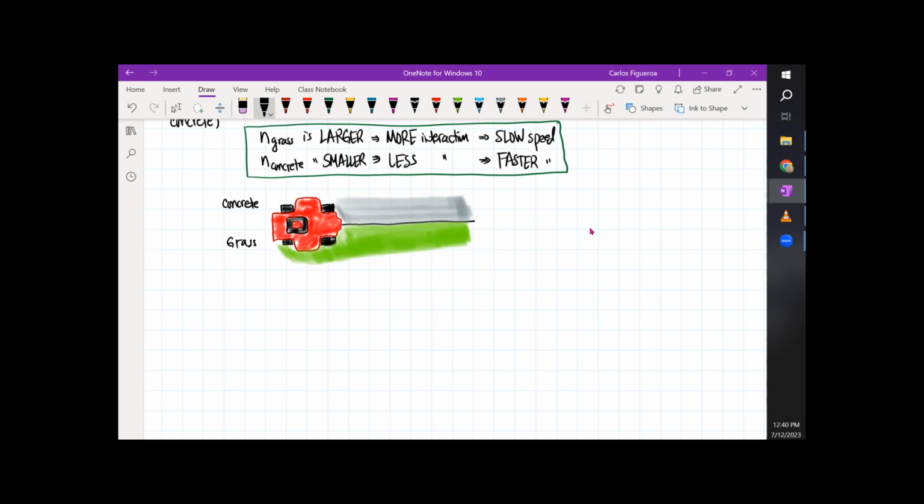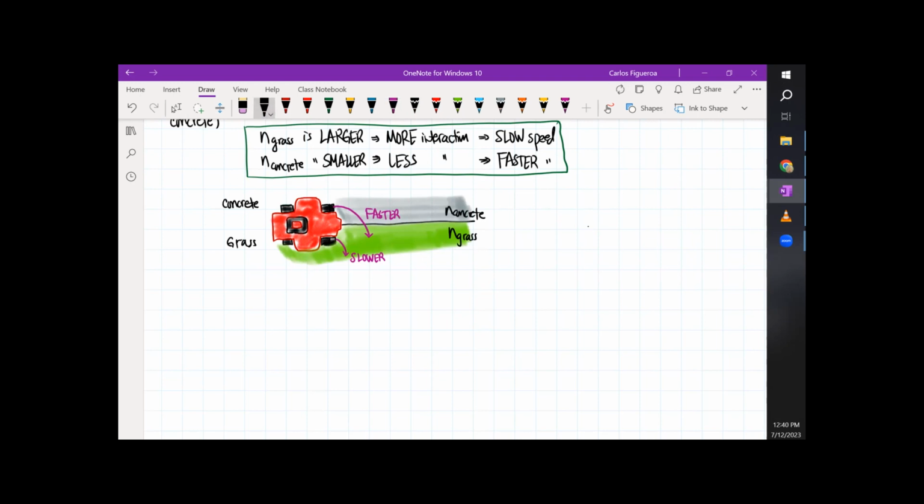And so therefore, if I look at N of concrete, and this is N of grass, what do we see here? I'm seeing that this guy's going to do what? This wheel interacts more, so it's going to be slower. This one is going to move faster because it's on sidewalk.